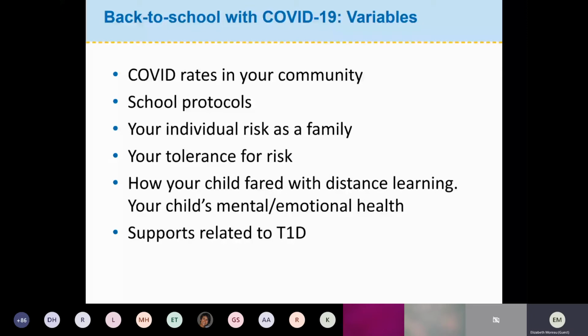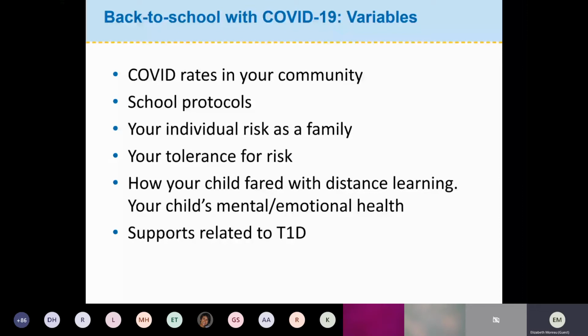The risk in my house is not going to be the same as the risk in your house. If you're living in a multi-generational household with grandparents or older relatives, naturally your thinking is going to be different because you have people living in your house who are more vulnerable. If you have someone who is undergoing cancer treatment, obviously that's another consideration.